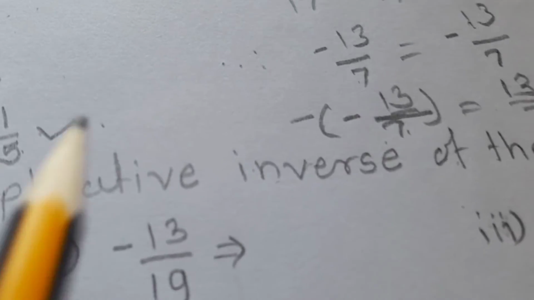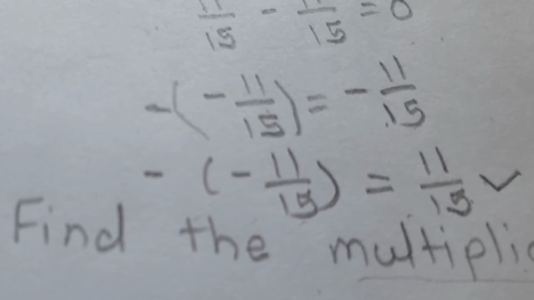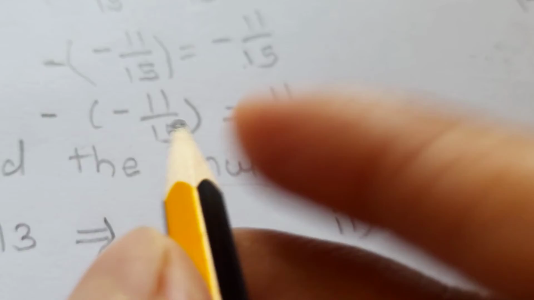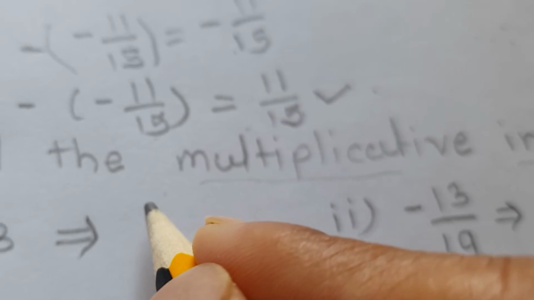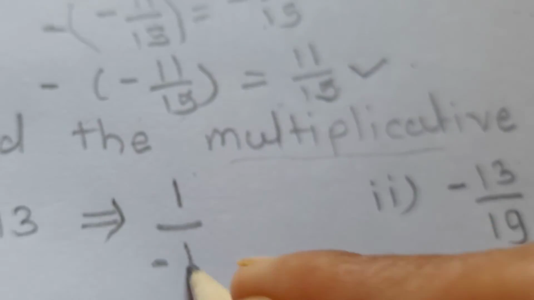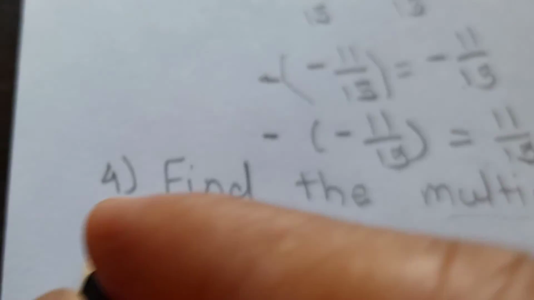Find the multiplicative inverse of the following. The first example is minus 13. Then its multiplicative inverse is 1 upon minus 13. The sign will be as it is.